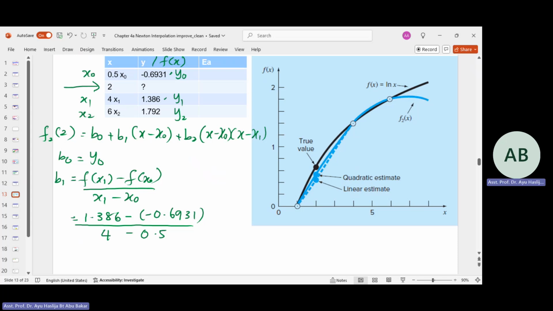B1, what do you get? Right, 0.5942. Okay, this is your B1.